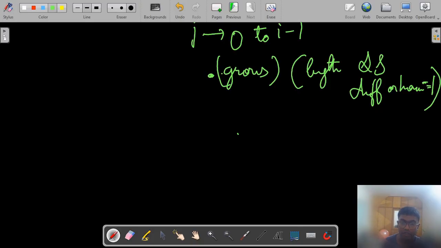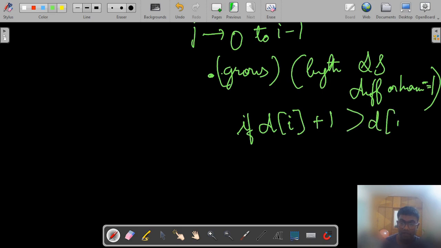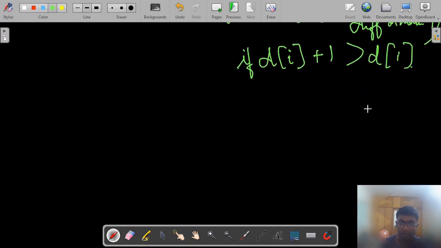And then we check if dp of the specific index plus 1 is greater than dp of the specific value, and then we update the max index in the dp array, and then we get the values.